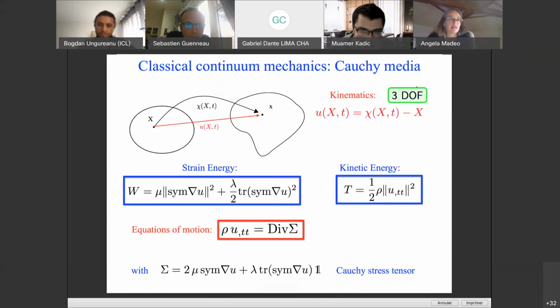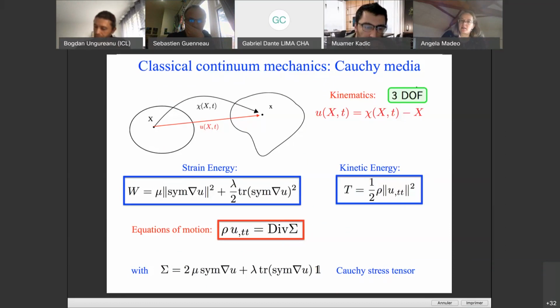So here you have a classical Cauchy continuum scheme, the classical potatoes. You have material particles capital X, which are mapped to their current position small x with the mapping chi, or equivalently with the displacement. So in Cauchy classical mechanics, we say that the medium has 3 degrees of freedom, which are the 3 components of the displacement.